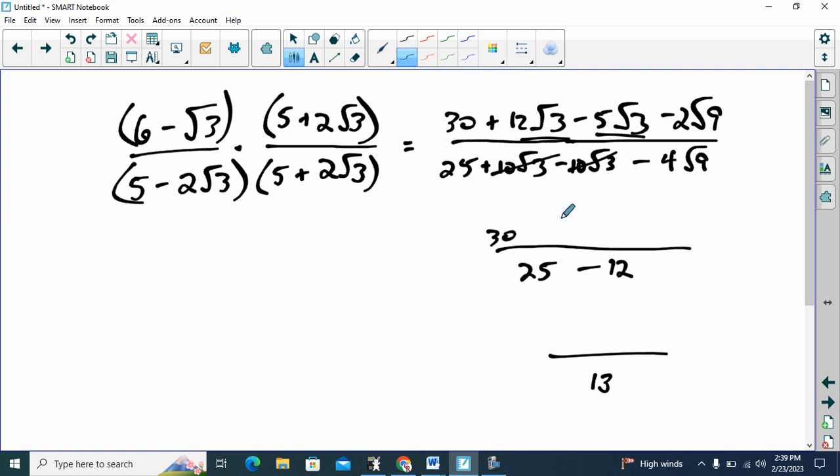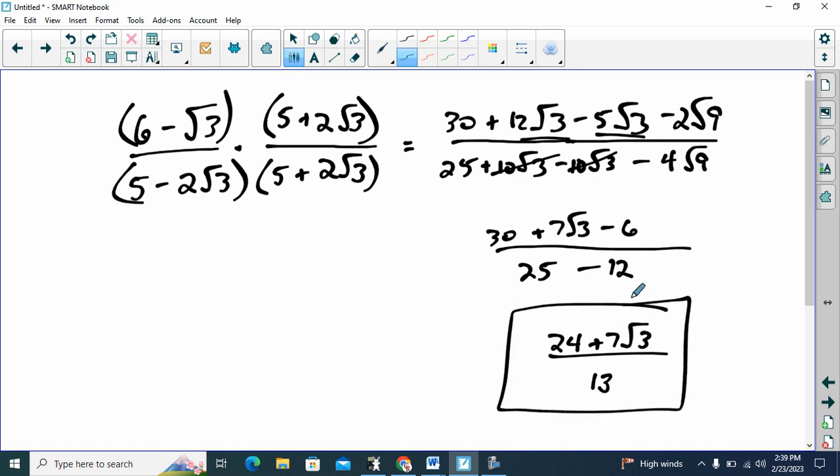These are like terms and can be combined. 7 root 3. This is 2 times 3. 24 plus 7 root 3 over 13. 24, 7, 13 have no common factors other than 1, so there is nothing I can do to simplify there. That's our answer.